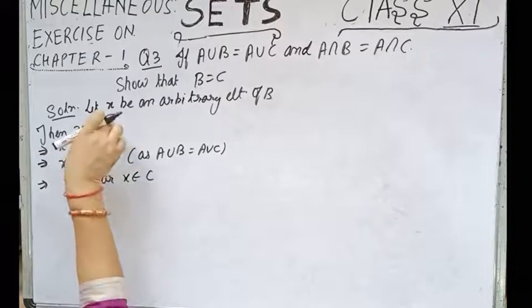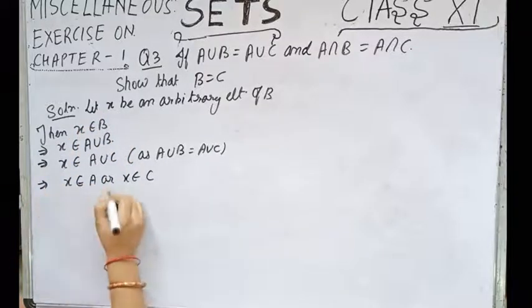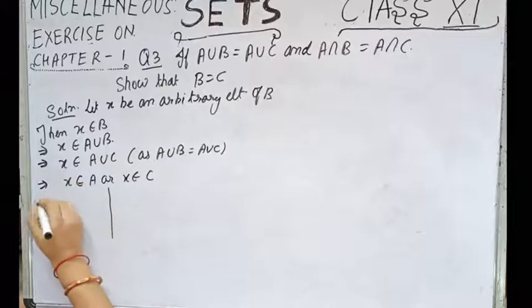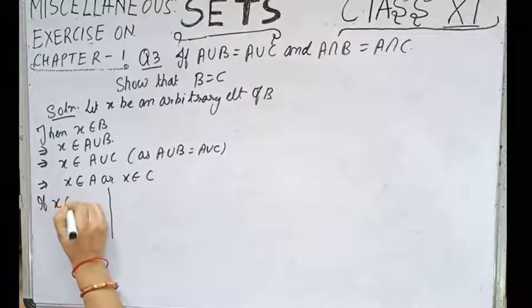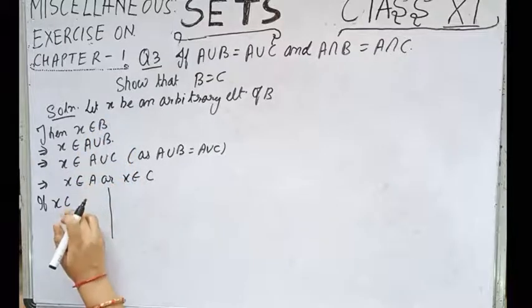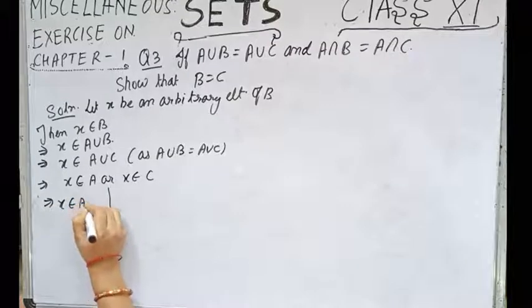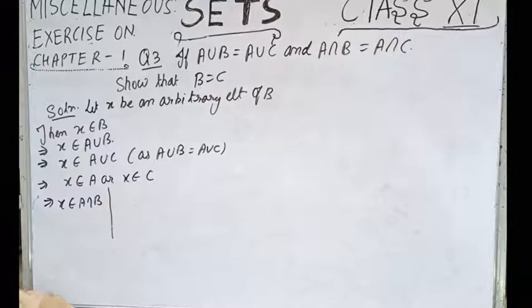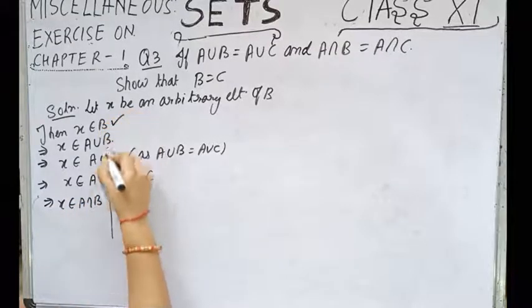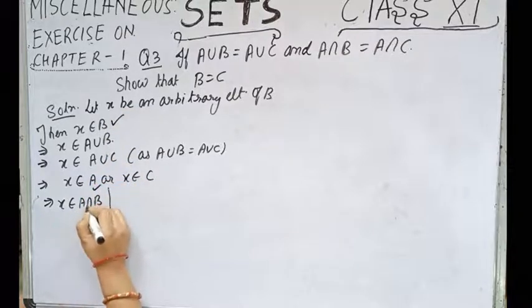So we started with X belongs to B and we got X belongs to A or X belongs to C. So over here the condition is split into 2. X belongs to B and X belongs to A implies X belongs to A intersection B. I think you understand.